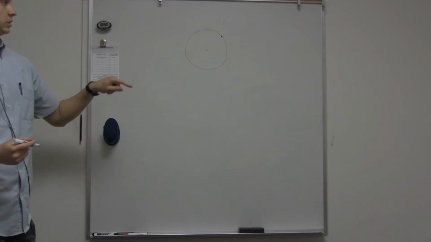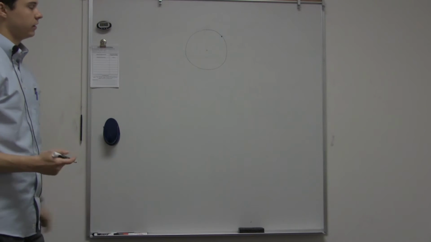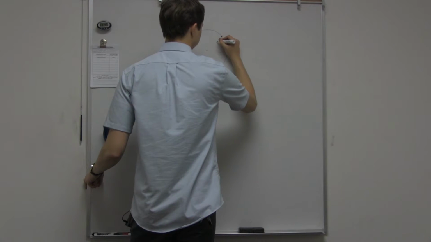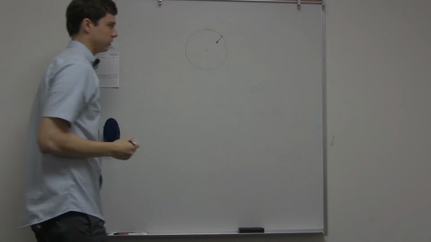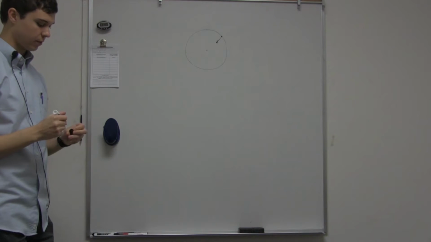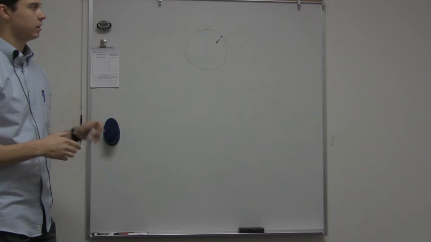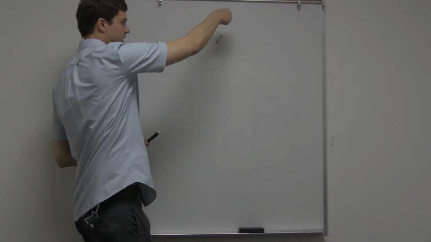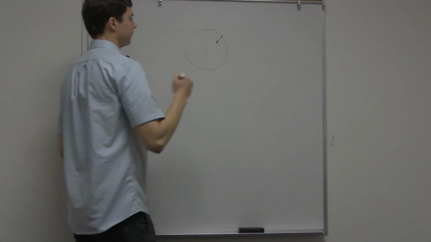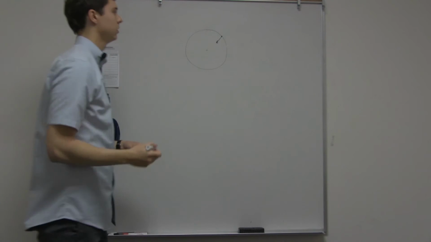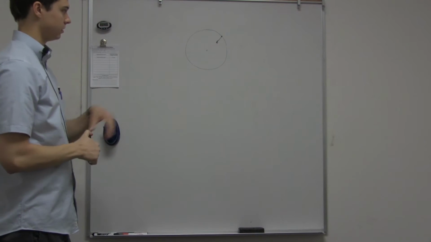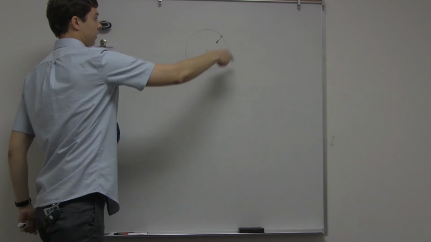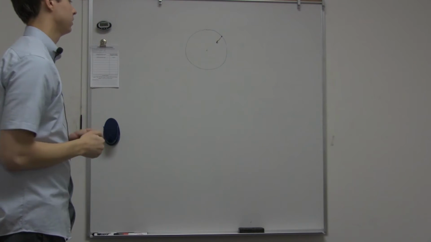If we want that object to just go around the circle and maintain its constant velocity, then all we need is some centripetal acceleration pointing directly in towards the center. The reason that we need that centripetal acceleration is to keep it turning. Because if we didn't have some force pushing it in, then it would just shoot off in some linear direction. But we need a constant force pushing in towards the center to make it turn constantly. So it's always in a turning state.